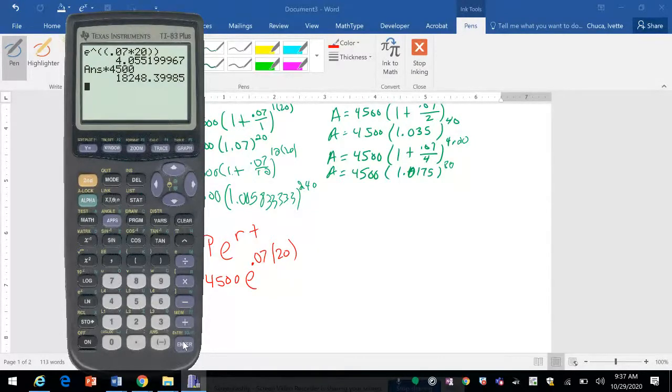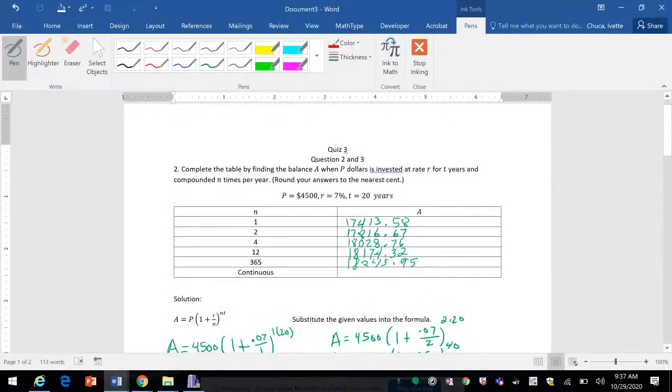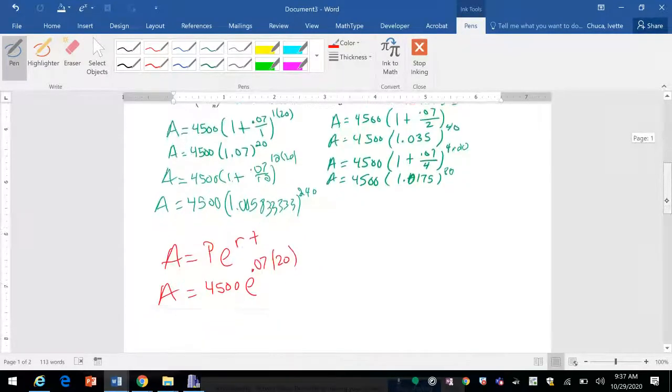So we get 18,248 with 40 cents. So, 18,248 with 40 cents. Okay, so that is how we would use these compound interest formulas.